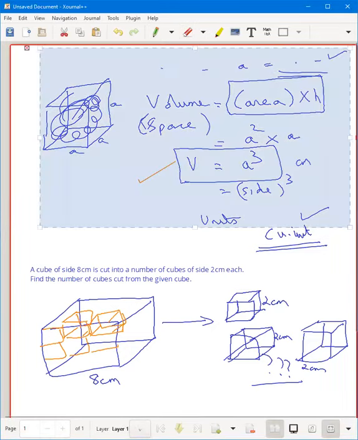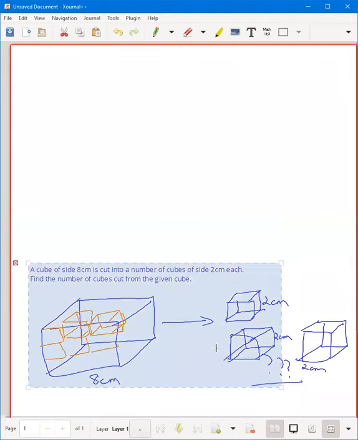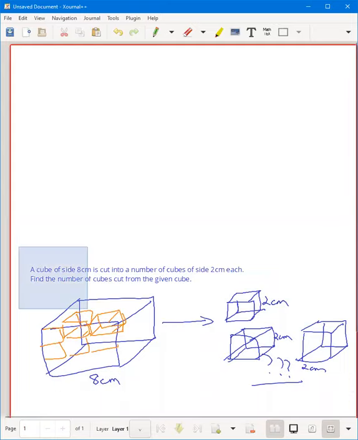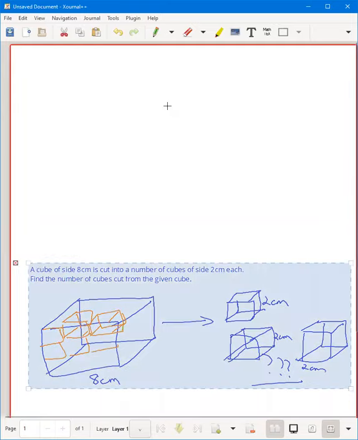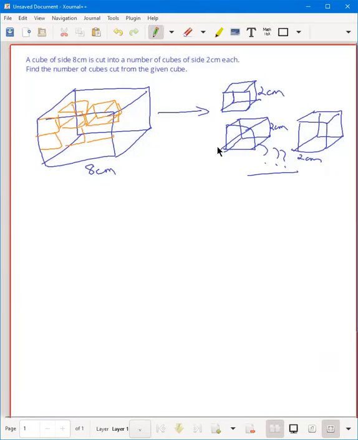It's a pretty simple question. I've already given you the diagram. Remember now, whenever we're doing mensuration, you need to visualize the problem. The first step is to visualize it. If you're able to visualize the problem, it becomes easy. Anyone else quickly answer?